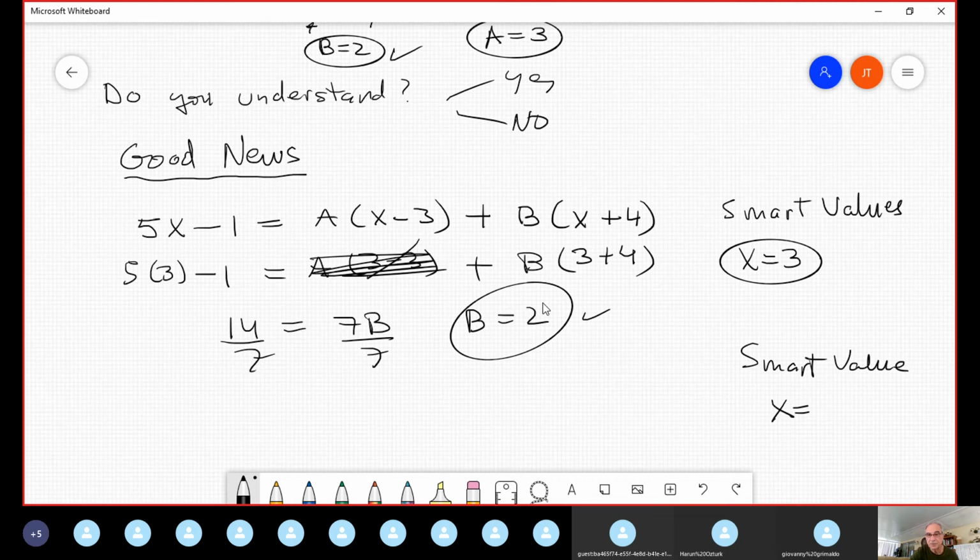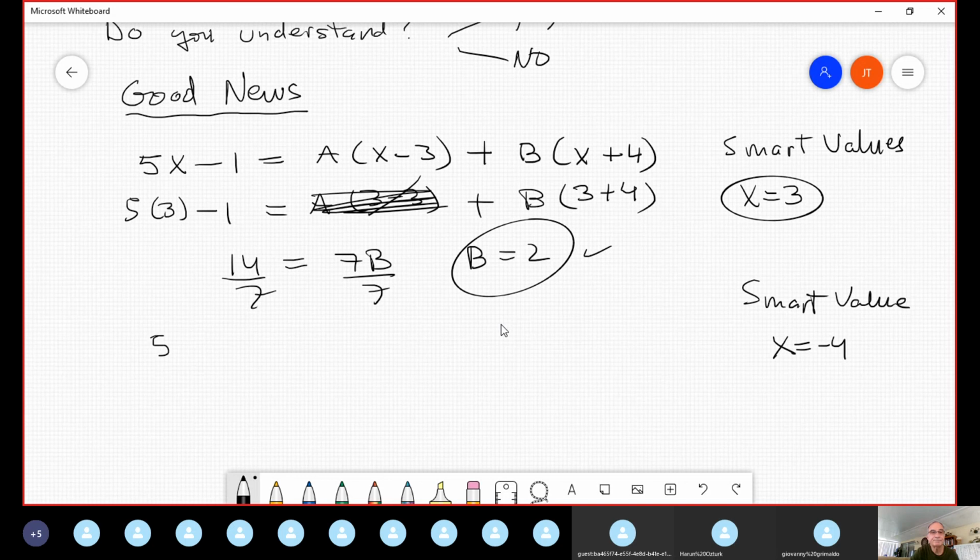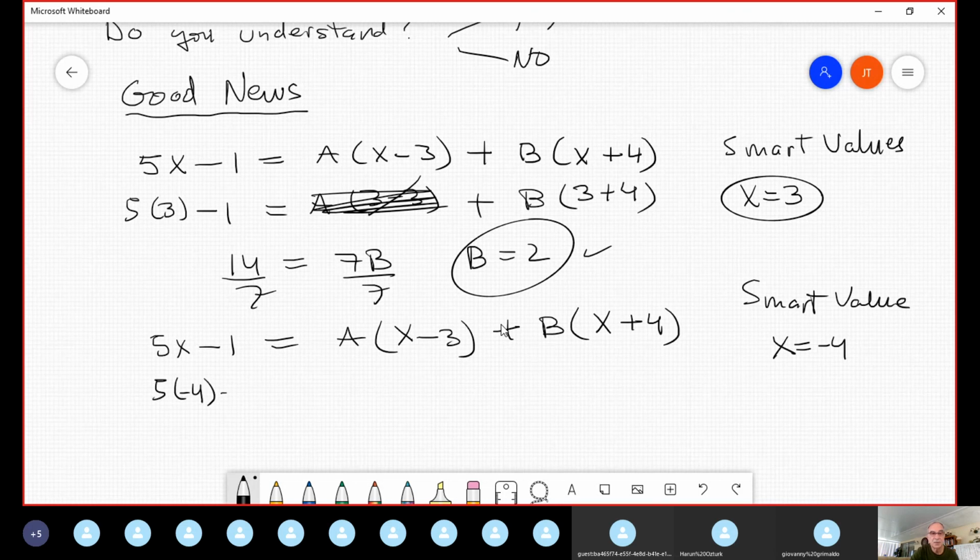Another smart value is x equal negative 4. Why negative 4? When you plug in here negative 4, let me copy again the original expression. Suppose that you replace x for negative 4. So 5 times negative 4 minus 1 is equal to a times negative 4 minus 3 plus b times negative 4 plus 4.